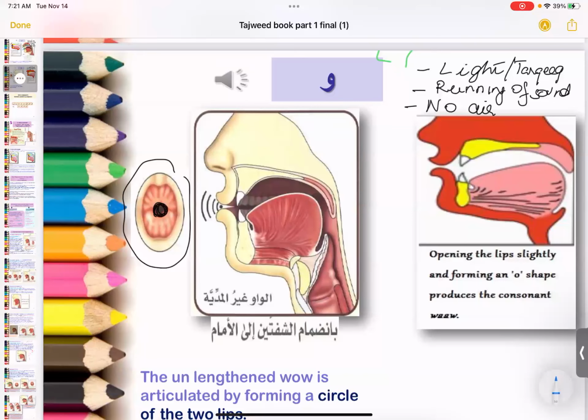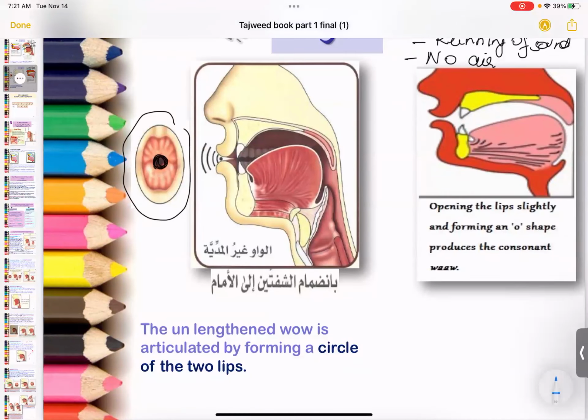As they said over here, the unlengthened wow is articulated by forming a circle of the two lips. So this is how your lips should be when you say the letter wow, as it's circled over here in blue. This is how your lips should be to make the sound of the letter wow.